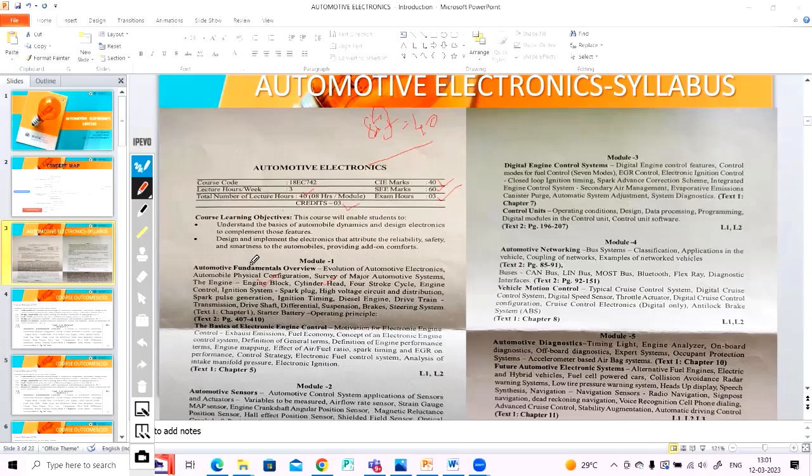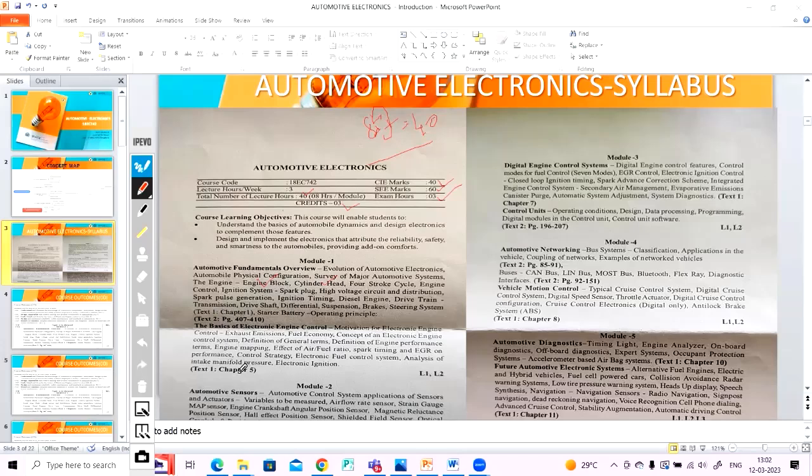We are going to see these in automotive, and the prescribed books for this course are reference 1 and reference 2 books and 1 textbook, which is by William B. Ribbens. See what all the flow has been shown in the textbook, the one printed by Bosch, the overview of automotive electronics.